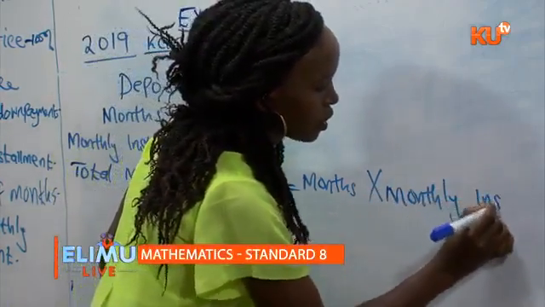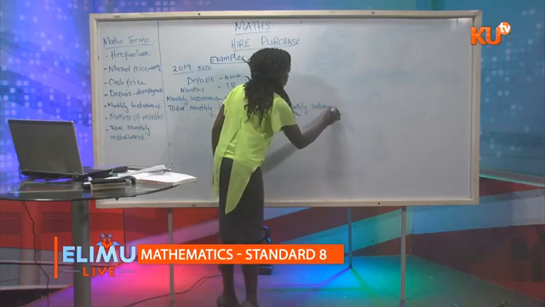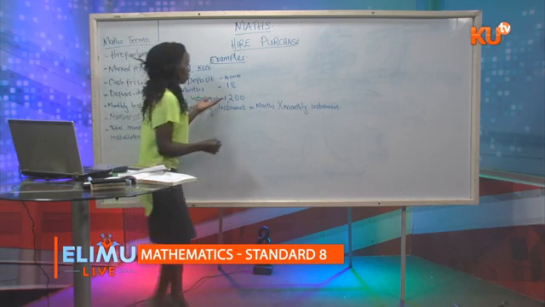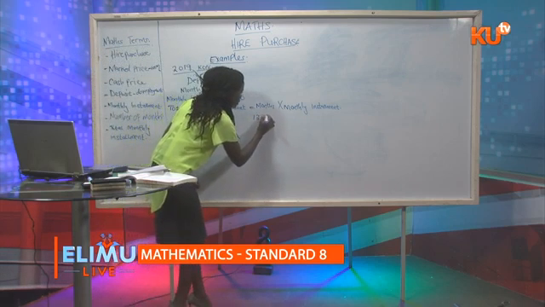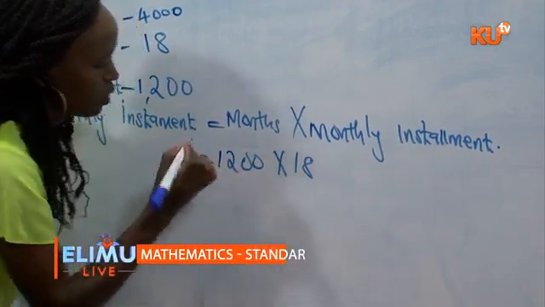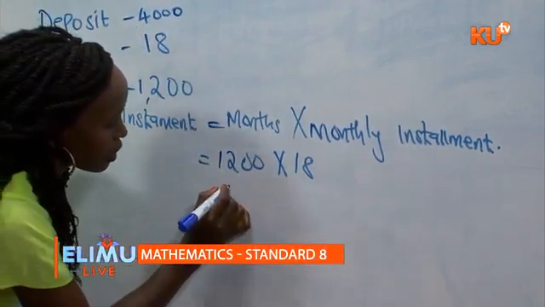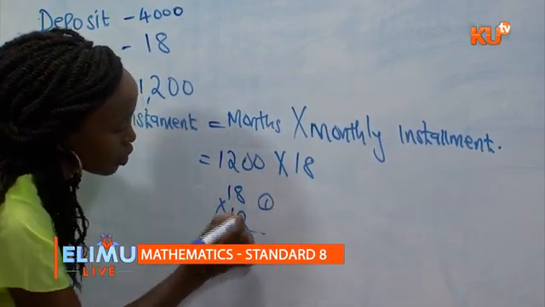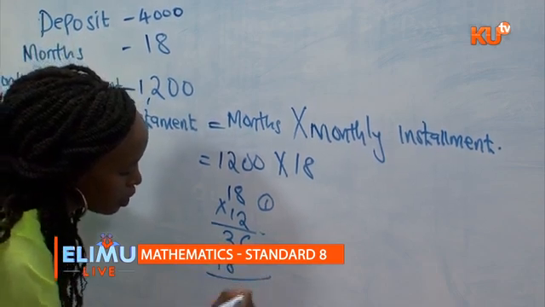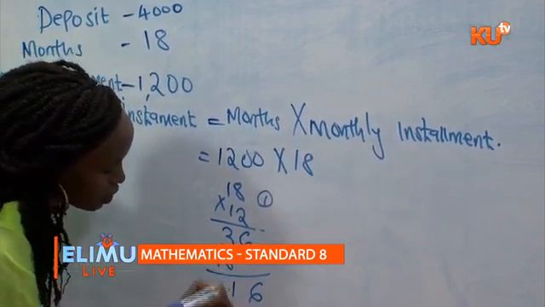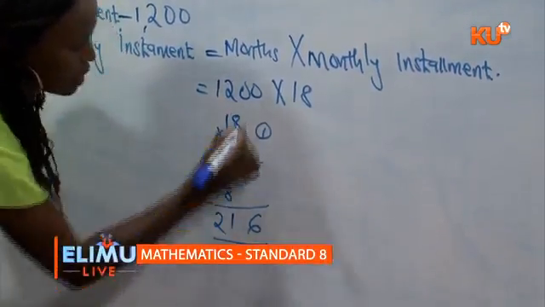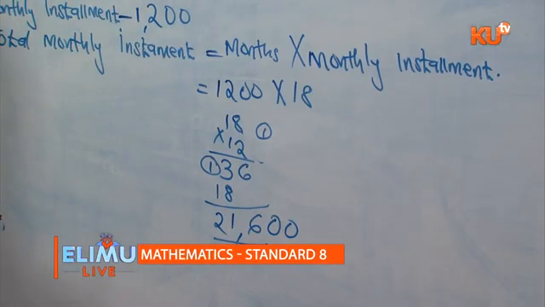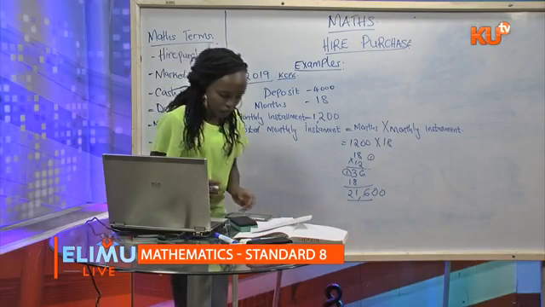The number of months was 18 and the monthly installment was 1,200. So 1,200 times 18. We take 18 times 12, 16, carry 1, 2, 3. We get 216. Times 100, we get 21,600. 21,600 is now the total monthly installment.